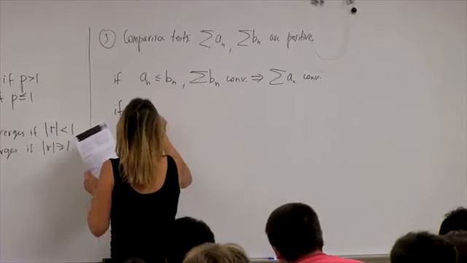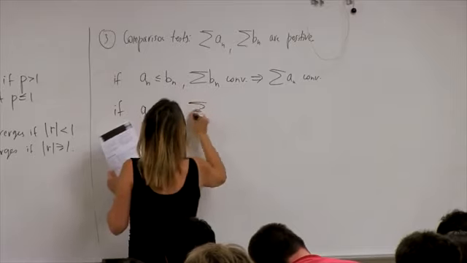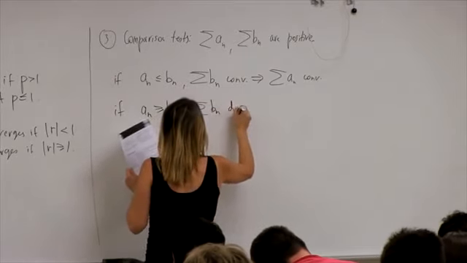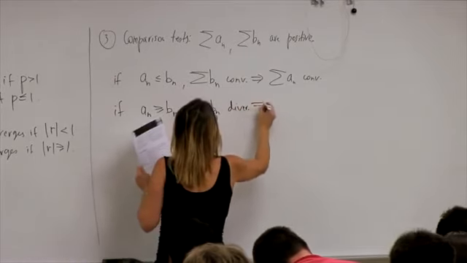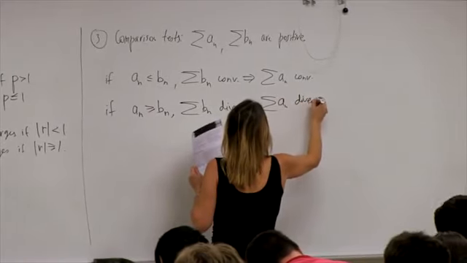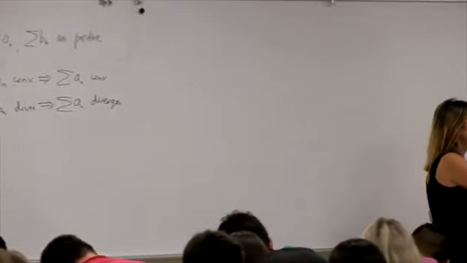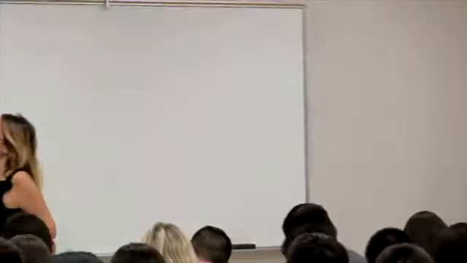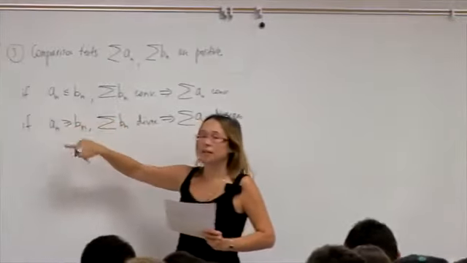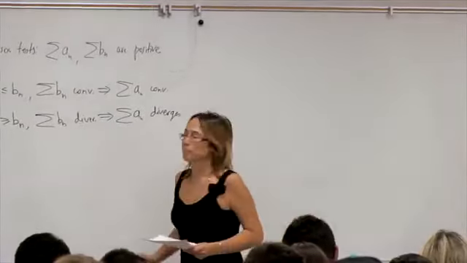On the other hand, if a_n is greater than or equal to b_n, then if the sum of b_n diverges, then the sum of a_n also diverges. Okay? So this is a test which requires us to compare them term by term and prove that this holds for every n starting from a certain finite number, not necessarily from 1.